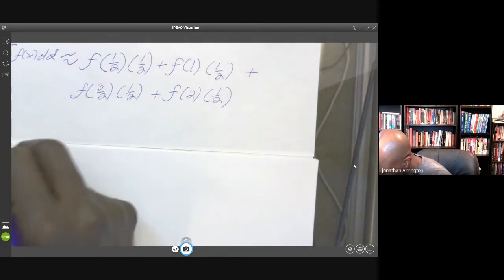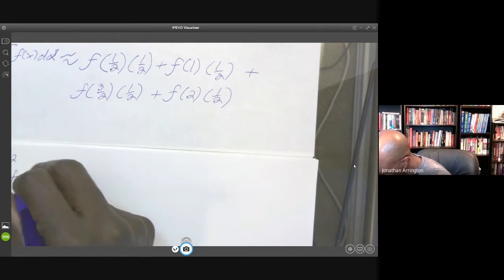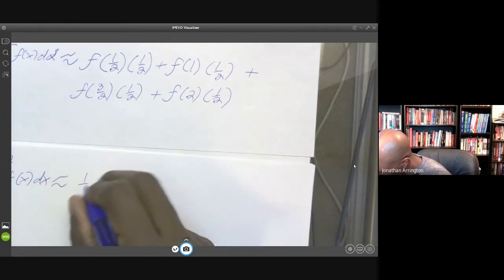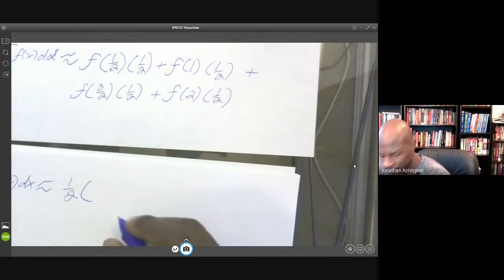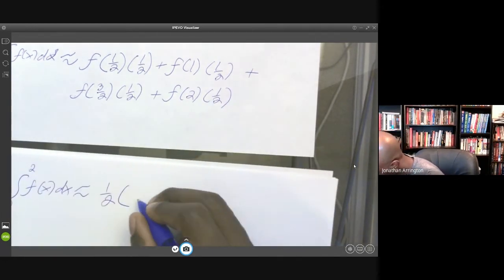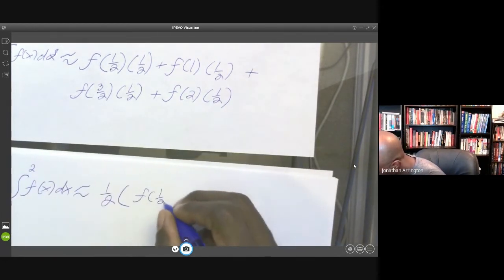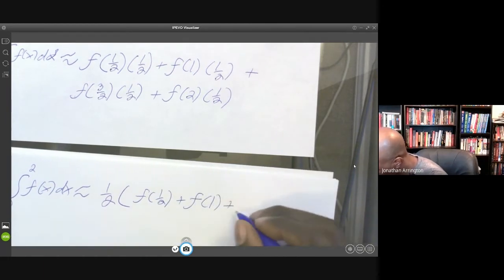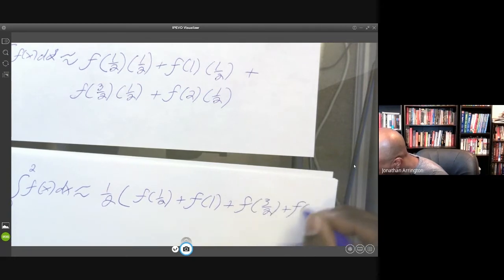So this integral from 0 to 2 of f of x would be 1/2 times f of 1/2 plus f of 1 plus f of 3/2 plus f of 2.